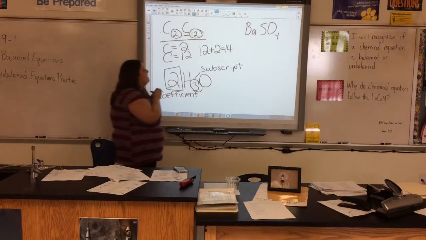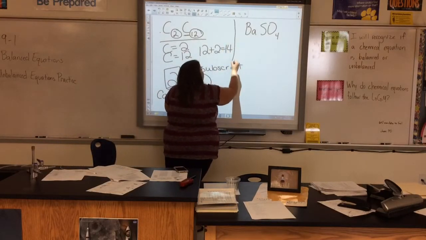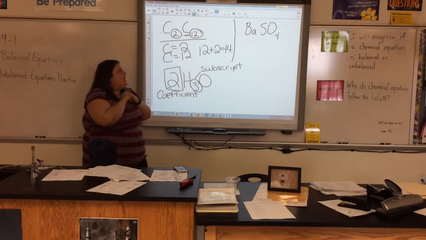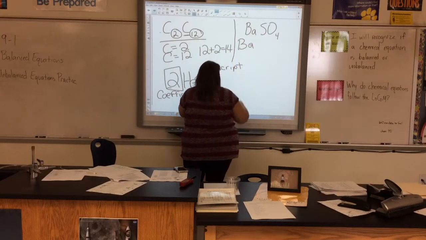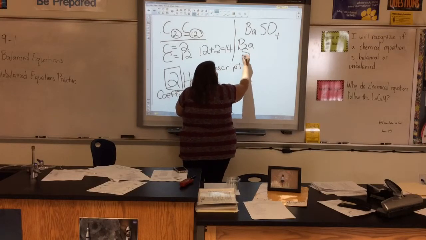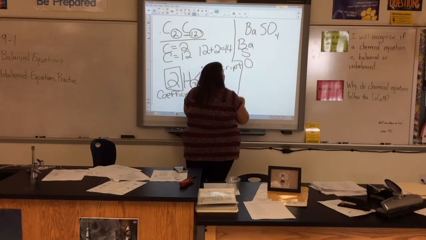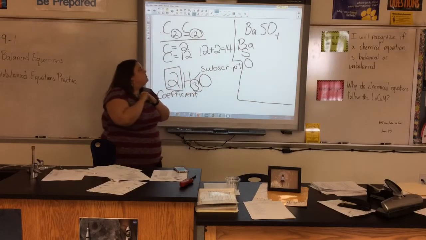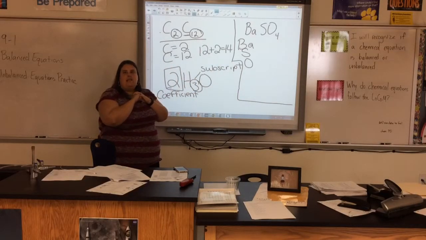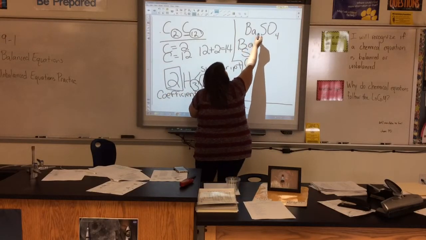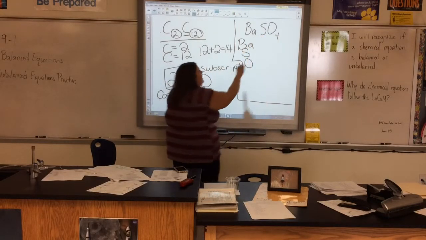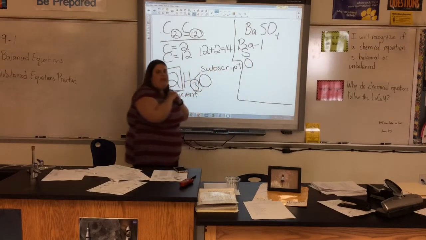Okay? In this second example that I have over here, I've got BaSO4. First, I want to recognize the elements that are present. I have Ba, I have S, and I have O. So when I look at it, first I look to see if I have a coefficient. I do not, so I'm not going to be multiplying by anything. I see that I have no subscript here, so I know that I just have one Ba.